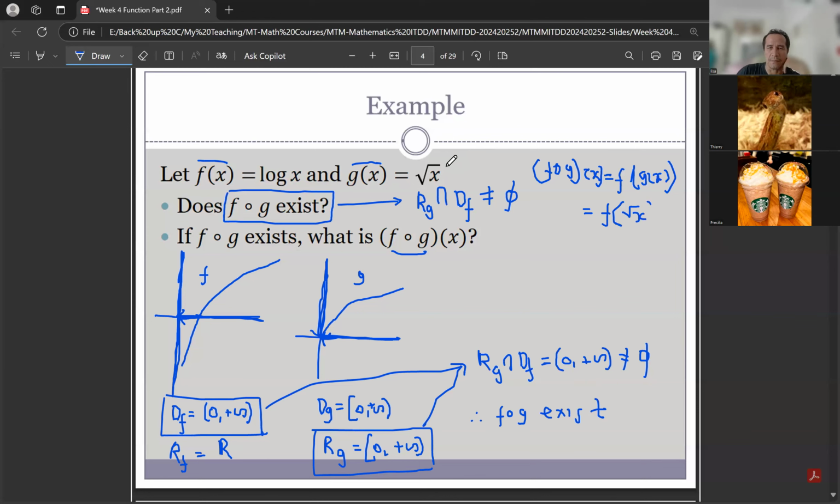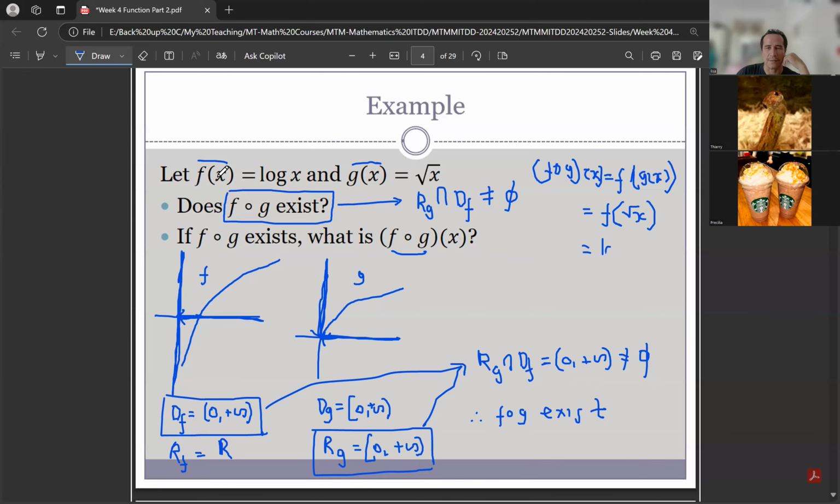Every x in f is replaced by the square root of x, so we put the square root of x into the logarithmic function.